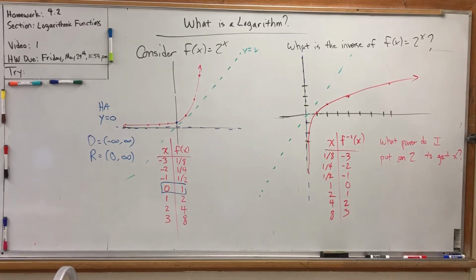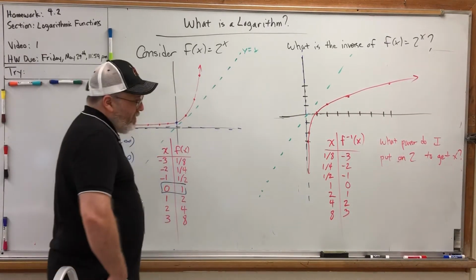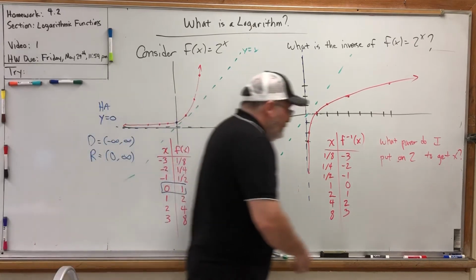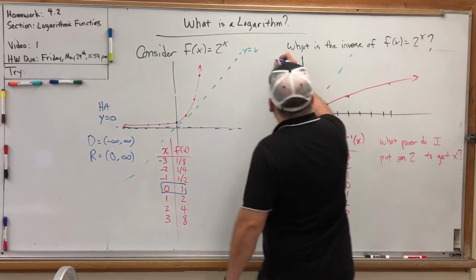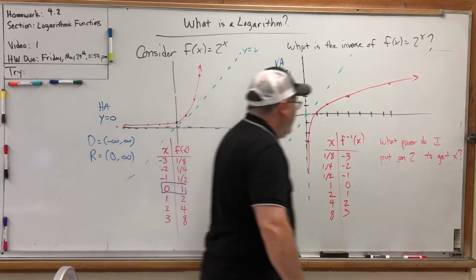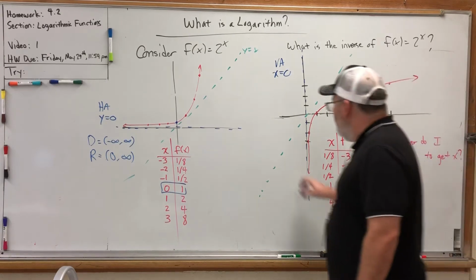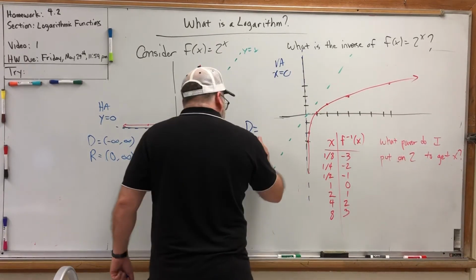So we seem to know everything about this function except what it is. We know its graph. It's got a vertical asymptote. Vertical asymptote is x equals 0, but it's only a vertical asymptote on the bottom half. What about the domain and range? Oh, wait a second, this was predestined.